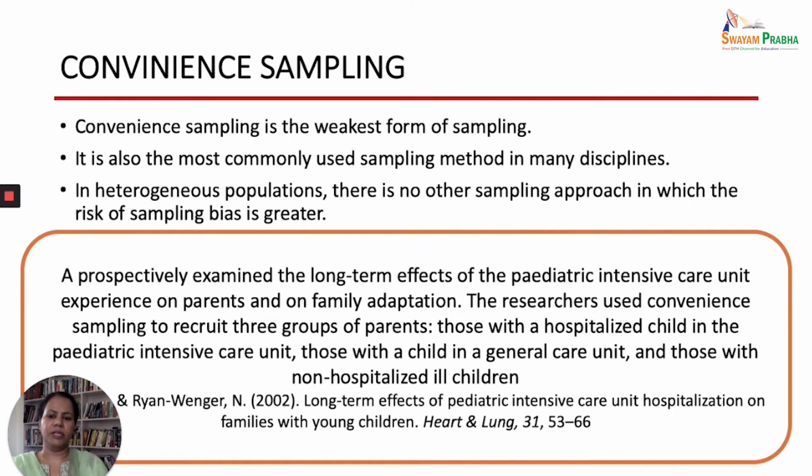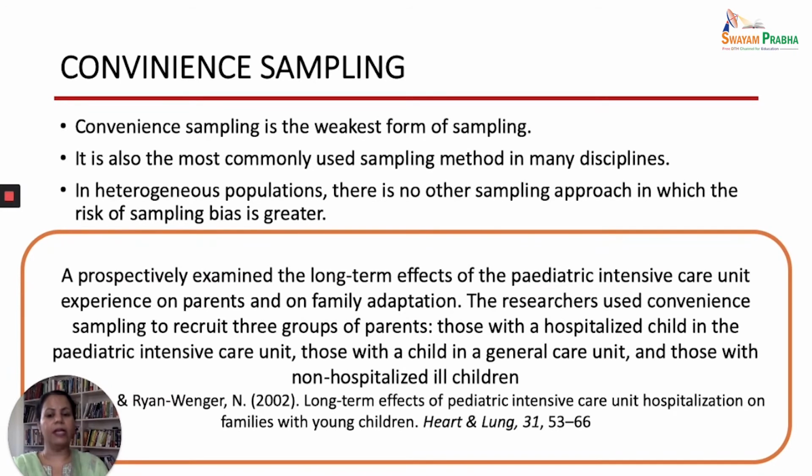An example of convenience sampling is a study that prospectively examined the long-term effects of pediatric intensive care unit experience on parents and on family adaptation. The researchers used convenience sampling to recruit 3 groups of parents. One group was those with a hospitalized child in the pediatric intensive care unit.